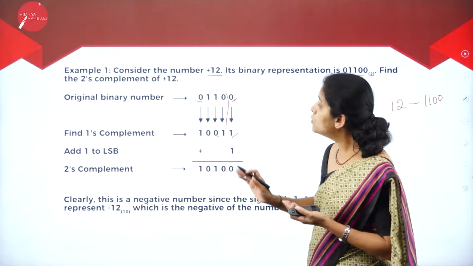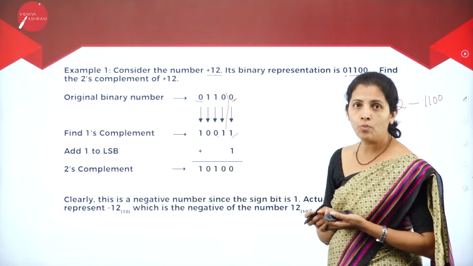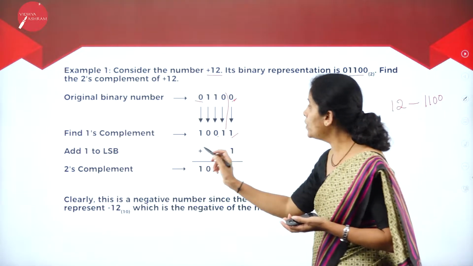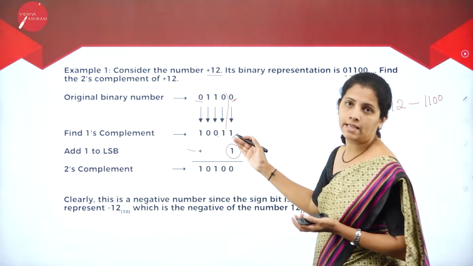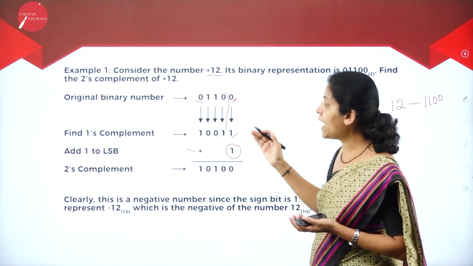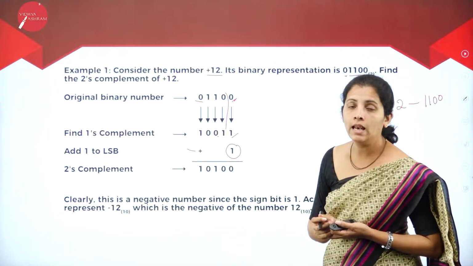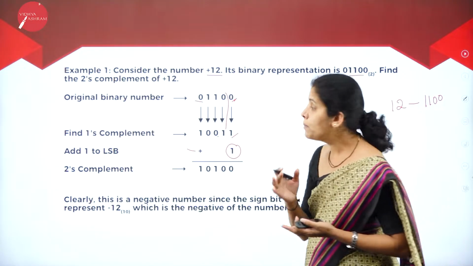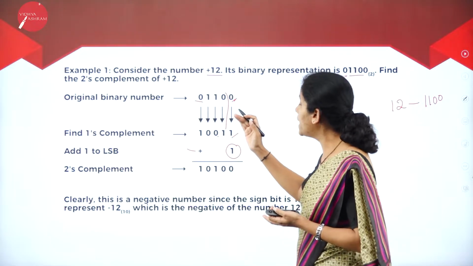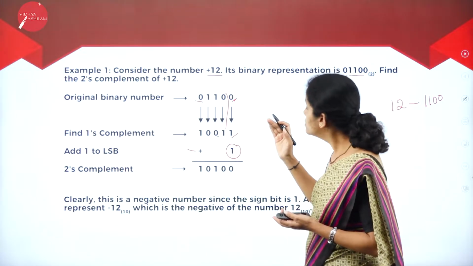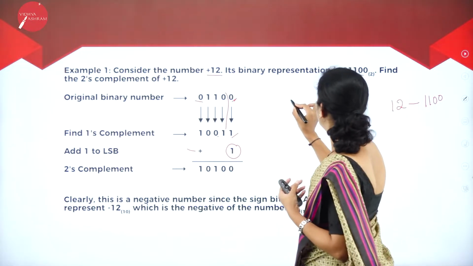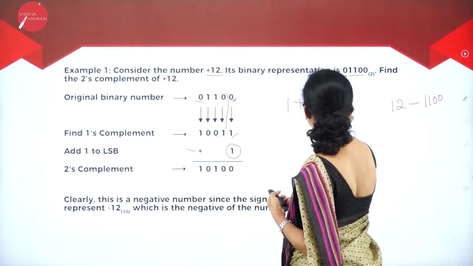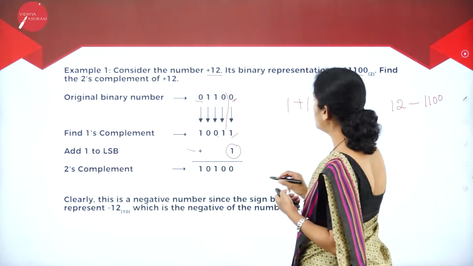Now I want to take the 2's complement. So what will I do? I am going to add 1 at the LSB. Now I am going to perform the binary addition. According to the rule, 1 plus 1 is 1, 0.